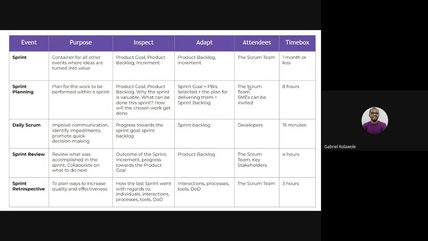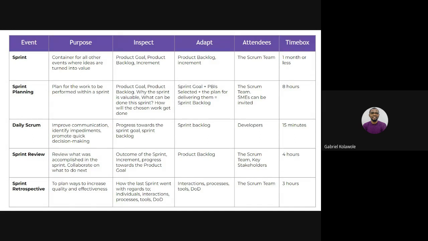Then you talk about attendees. Who are to attend this? The Scrum team; SMEs can be invited. During your sprint planning session, they can. It's not compulsory, you don't necessarily need them. But at the planning stage, if they choose to have a representative, I don't think it's bad for the subject matter experts to attend.